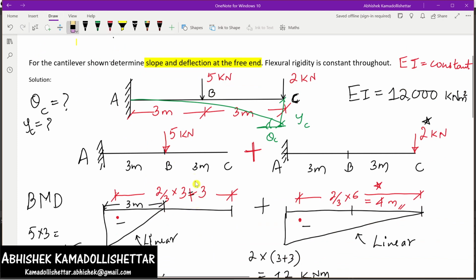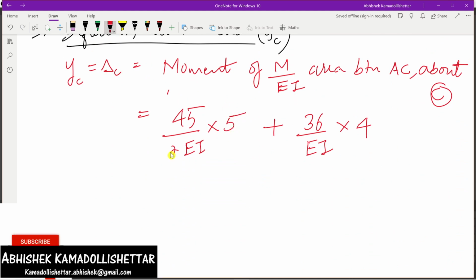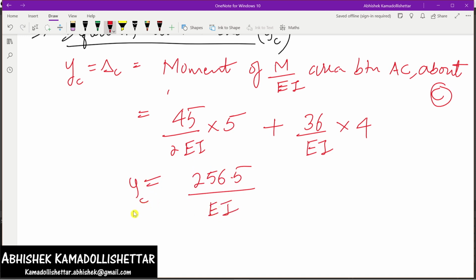So 2/3 of 3 plus 3, the 3 gets cancelled, 2 plus 3 is 5 meters. Let us multiply by 5 meters. So this value will be 256.5 by EI.